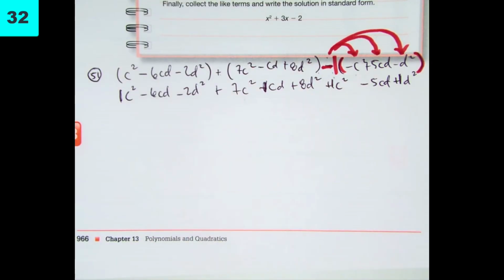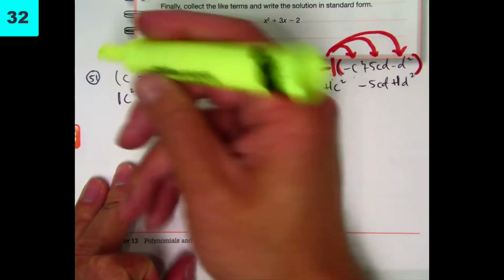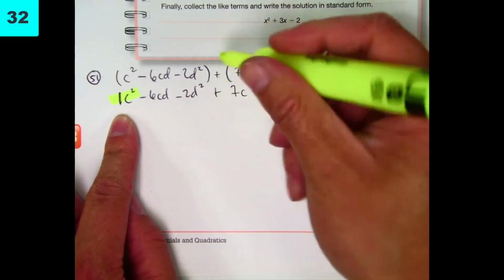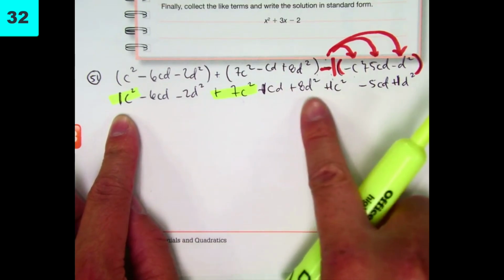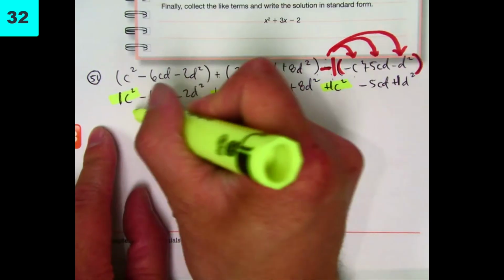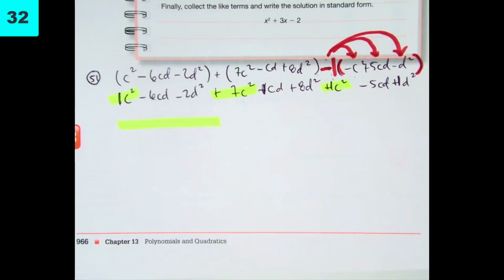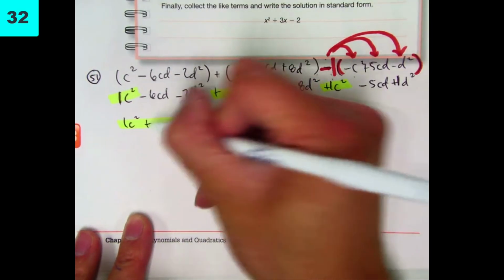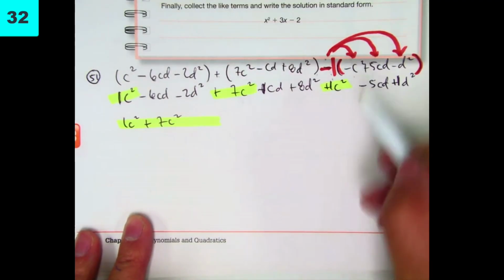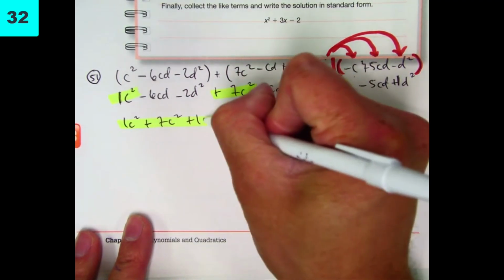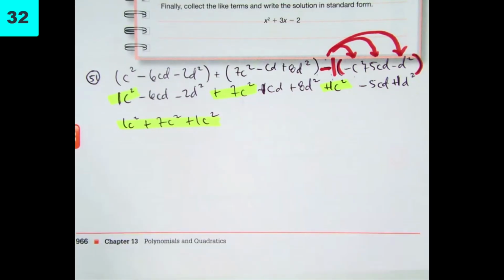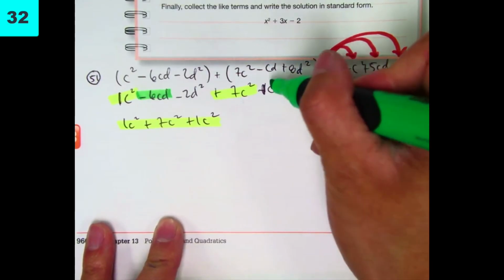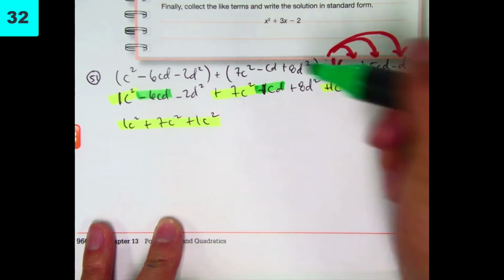Okay, let's go through and get some like terms. So I'm looking for any of the c squareds. There's one. C squared. That means I have 1c squared plus 7c squared and plus 1c squared. Now I'm going to go through and highlight all of those that have the variables c and d. There's one.